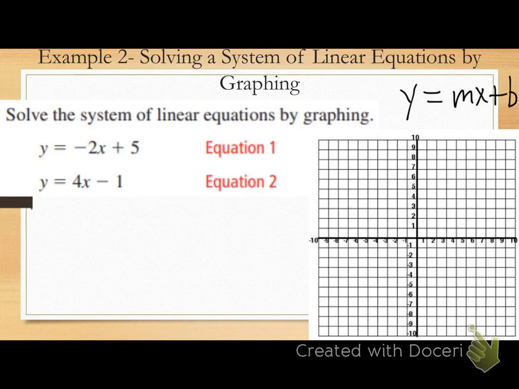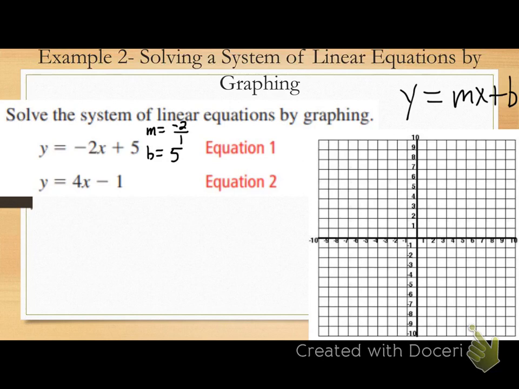Equation 1. What's my slope? Negative 2. I'm going to put negative 2 over 1 for graphing purposes. And what's my y-intercept on equation 1? 5. Everyone okay identifying the slope and y-intercept from an equation when y is by itself?